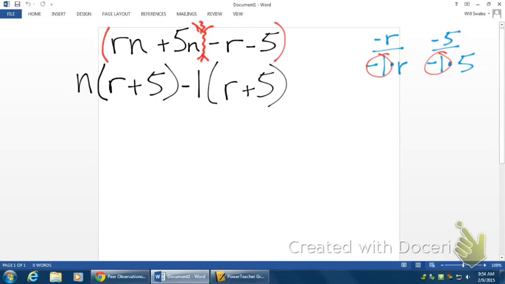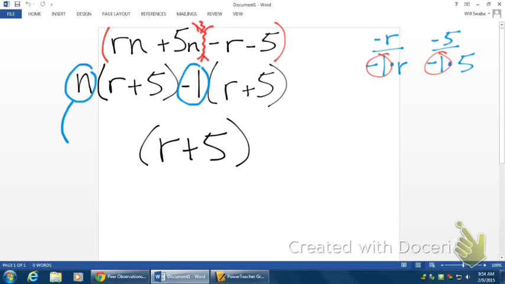This is why they call this grouping. Because we have two of those, I want you to think of it as we can just write down one of those. We're not solving, we're just factoring. Now, this n is going to come down to here.